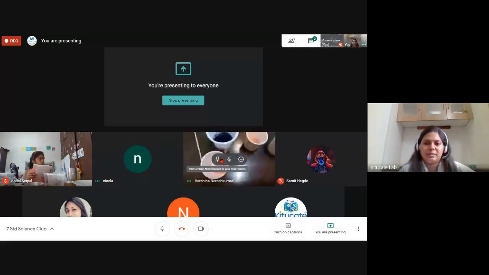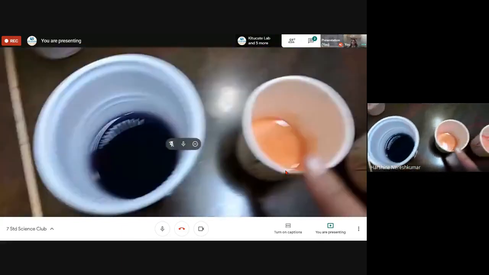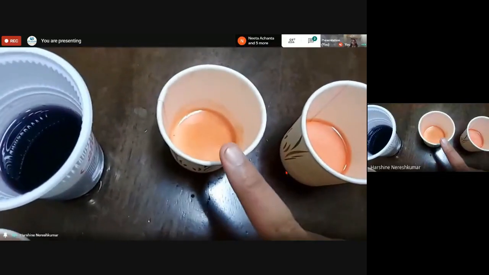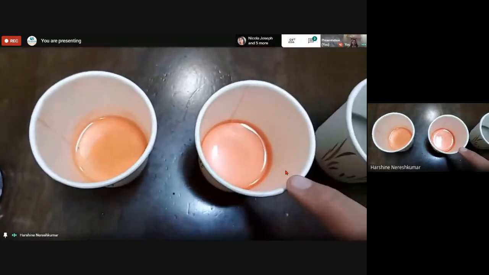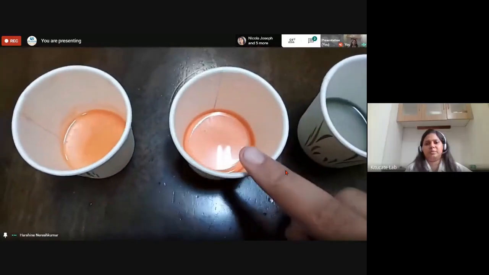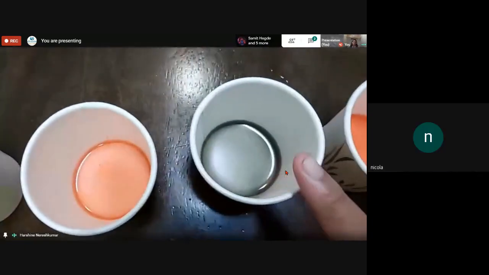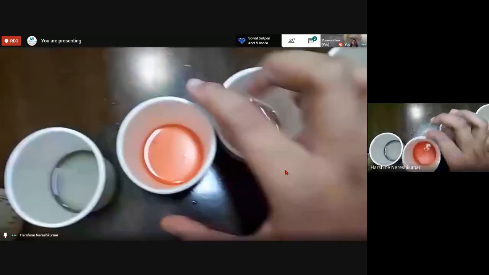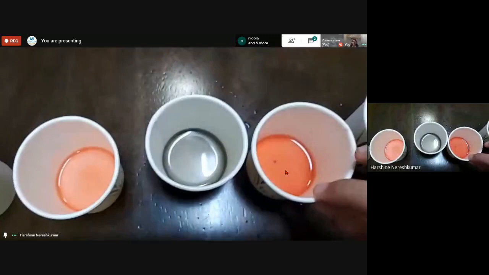Ma'am, the first one here is tomato juice with hibiscus. The next one is vinegar with hibiscus. It turned pink. Next one is soda with hibiscus. It turned a little turquoise green. After that, it is lemon juice with hibiscus.